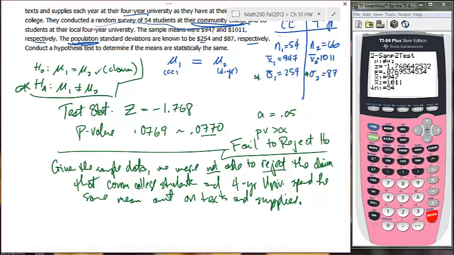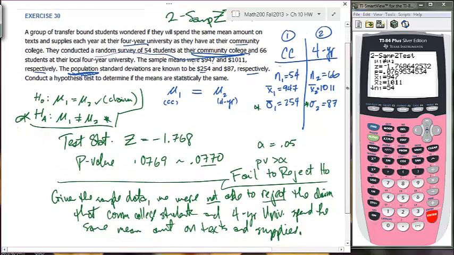If you want to come to that conclusion, I would be okay with that in a test situation. But in general, we don't want to say we accept the claim if it was not rejected. There's a deeper level of understanding that we have to go through to be able to discuss the supporting or failing to support our alternative hypothesis if that happened to be our claim. So just a little side note, and keep that in mind when you're doing the test.